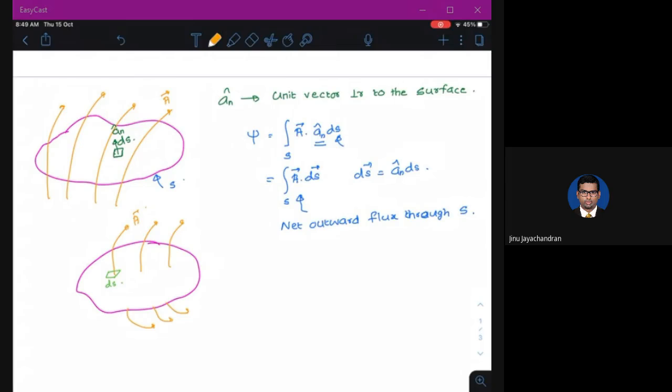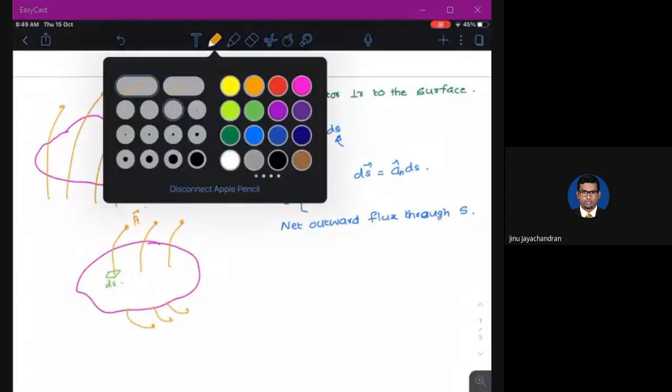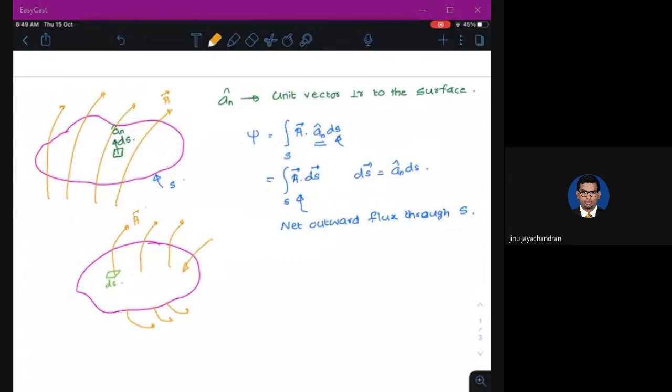And if you see the net flux of the surface, there are 3 flux lines coming out and 3 flux lines coming out to the bottom. And if you have some flux lines going inside, which is not coming out, so the net flux is 1. Basically, there are 6 flux lines coming out and 1 flux line coming in. So finally you have 5 net outward flux through S.